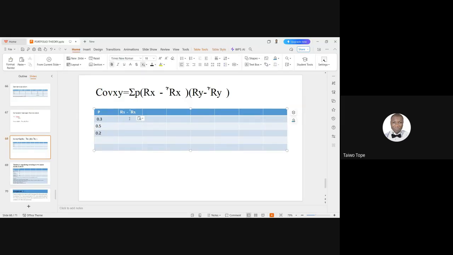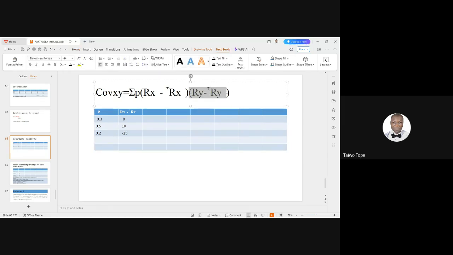So the outcome here will be 0, 10, and minus 25. The other part is this part that we've not solved for, or you still solve for it now.